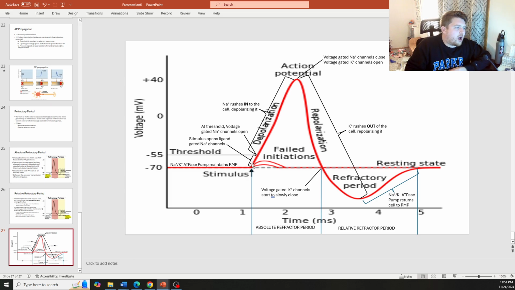This whole process of understanding where specific things open, what's happening during each part, where things close, and when things are more permeable, those are all the kind of test type questions that professors really like to ask. Refractory period. There we go.